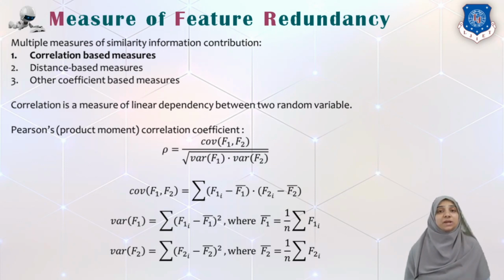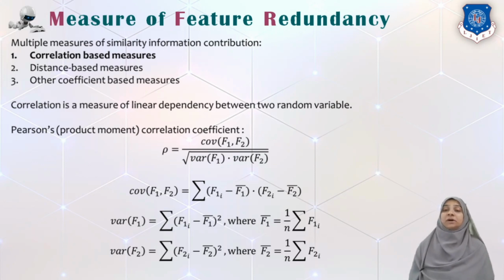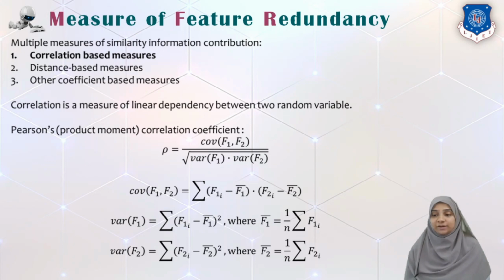Now, how to calculate variance of feature 1? Variance is calculated as summation of f1 of i minus f1 bar whole square. So this is nothing but feature 1 data point's value i minus its mean, that is f1 bar. Mean is calculated as summation of all data points in a given feature divided by n, which is nothing but the number of data points.